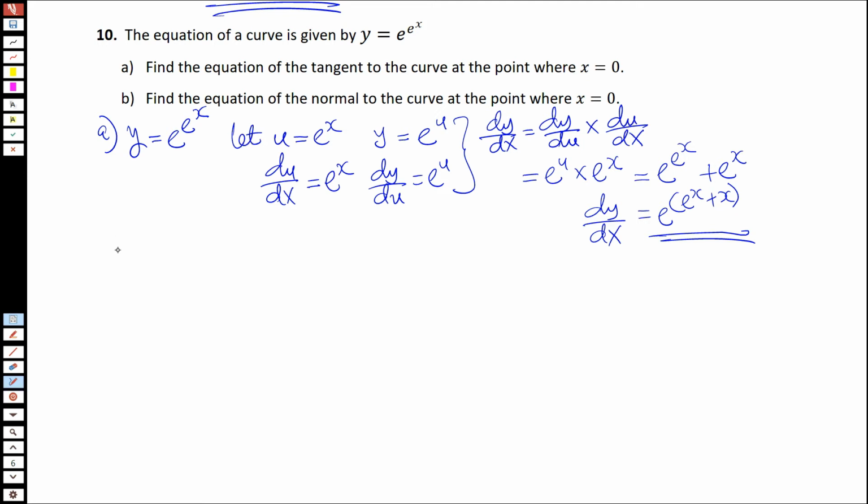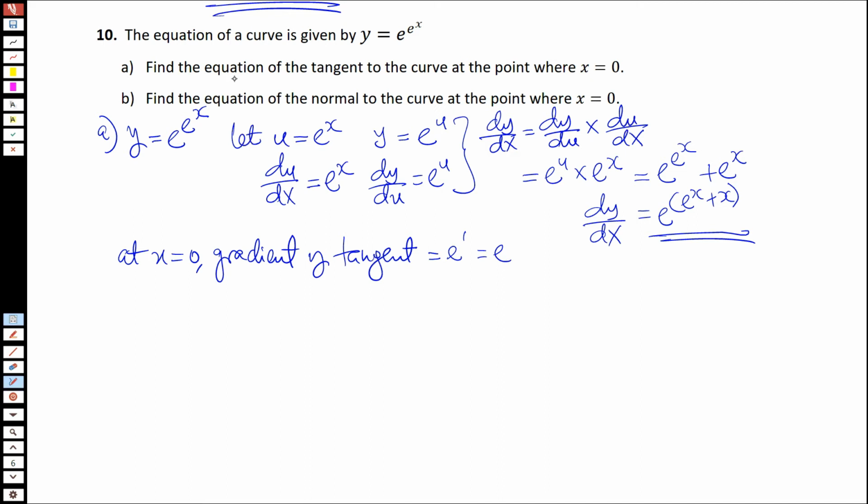At x equals 0, the gradient of the tangent will be equal to, if you plug 0 in place of x here, e to power 0 is 1, so the exponent is 0 plus 1, which is 1. So this will be e to power 1, which is just e.